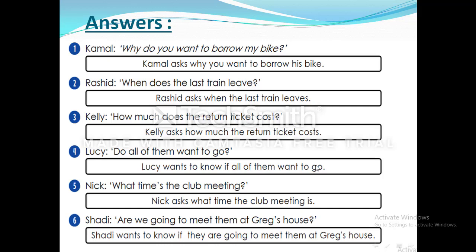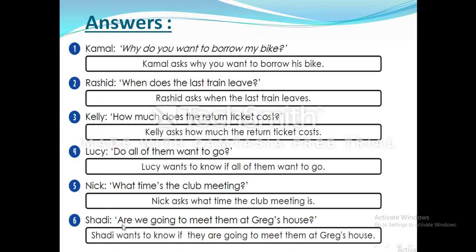Let's do another question like number 4, which is number 6. Shadi, here we have a question. How can I know? Because of the question mark. But here we do not have what or when or who or why or how much, how many, and so on. But here we have an auxiliary verb. So what should we do?